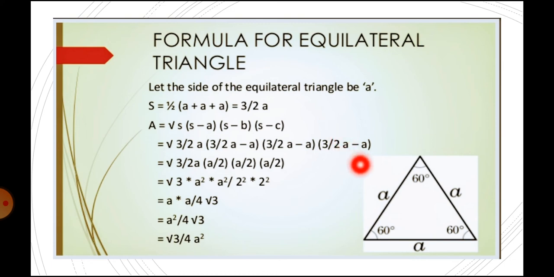Now calculating the area of an equilateral triangle, we shall prove that the area of an equilateral triangle is root 3 upon 4 a square, where a is the side measurement. Again we use Heron's formula. After calculating, we get the area of an equilateral triangle is root 3 upon 4 a square.